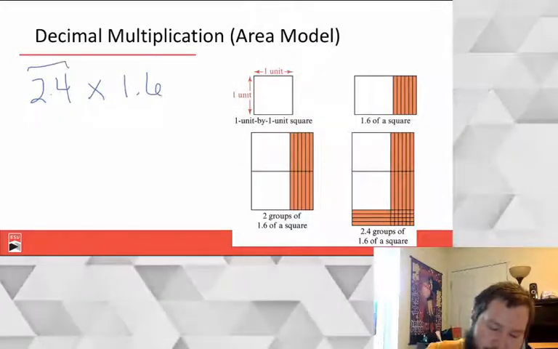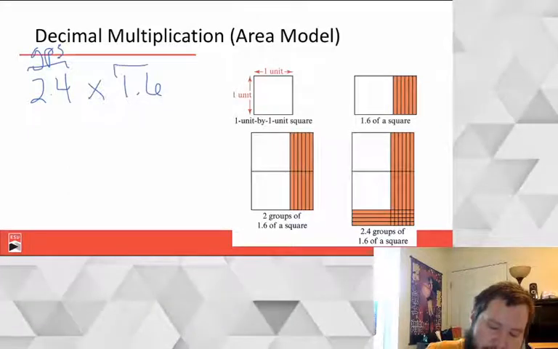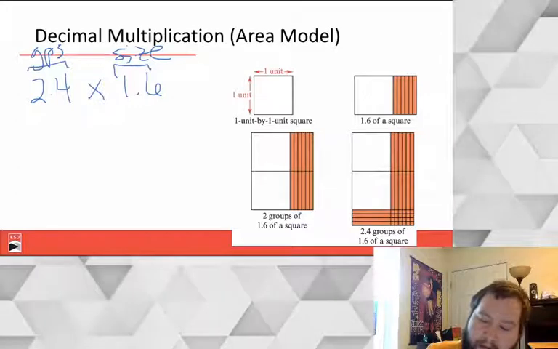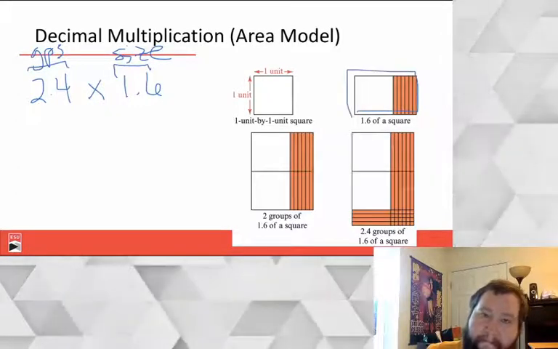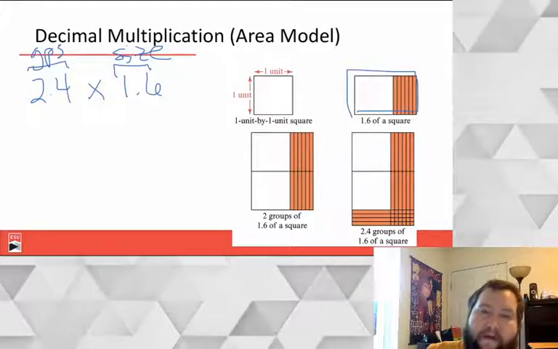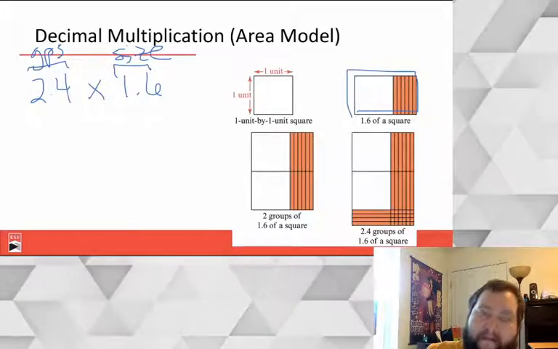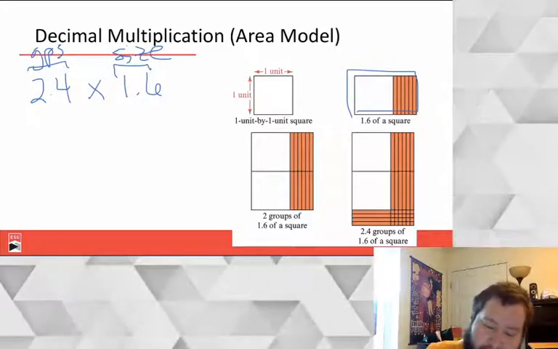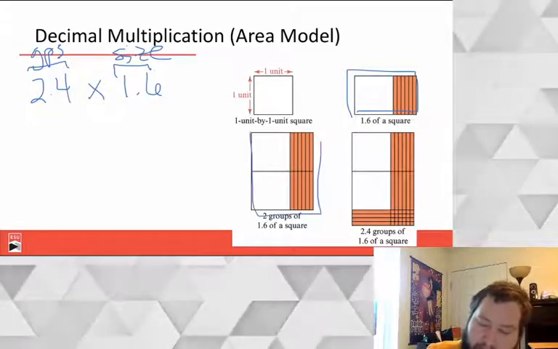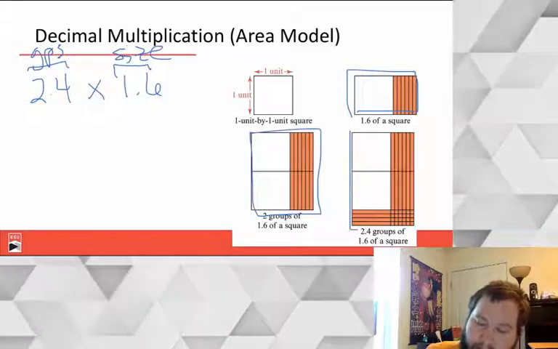So groups, size. So here we have 1.6. Notice we're using our flats as 1 and our rods as tenths. And then, so we have 1 group, 2 groups, or 2.4 groups.